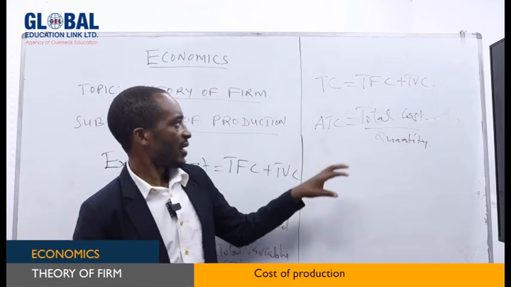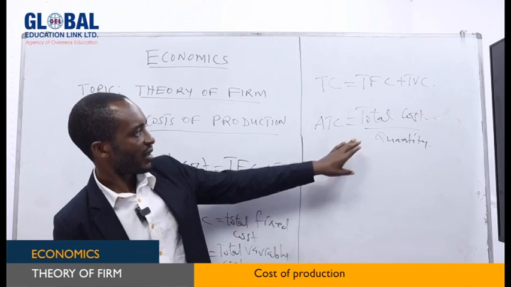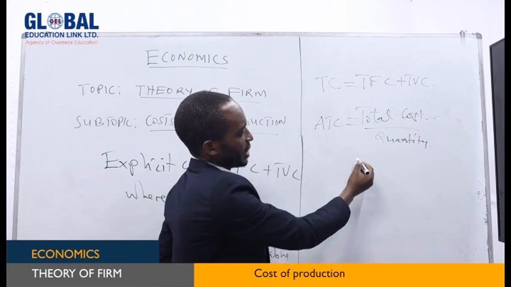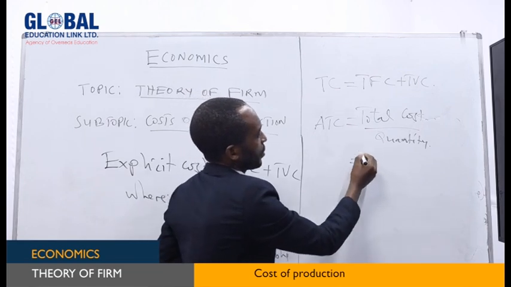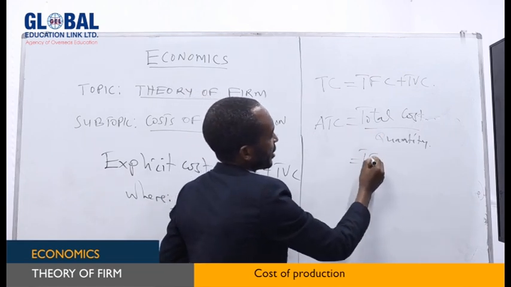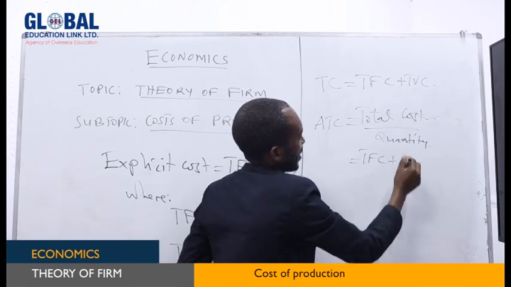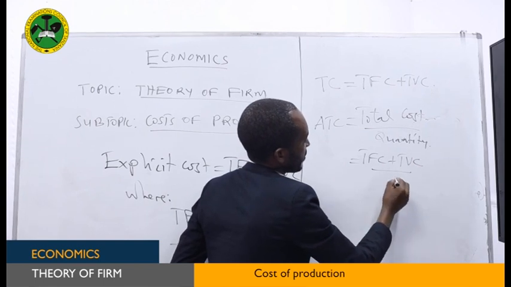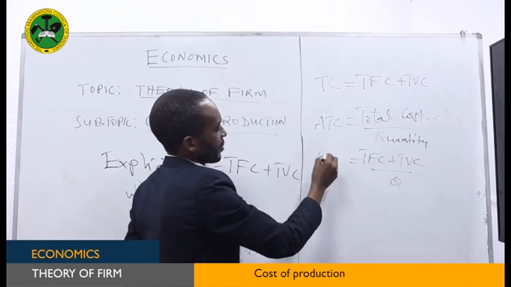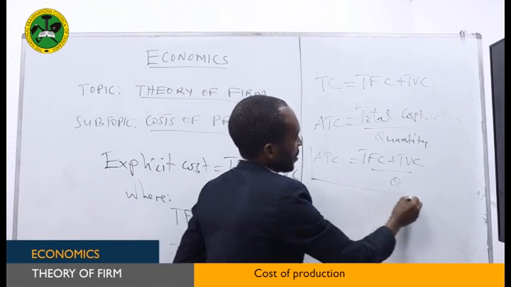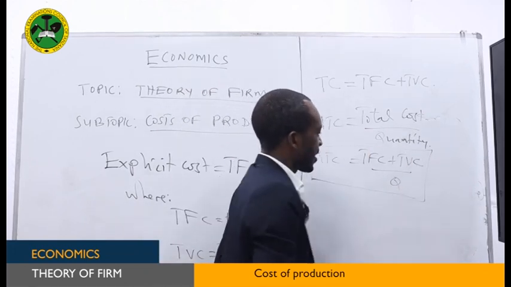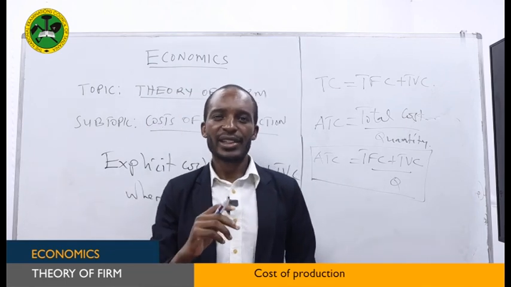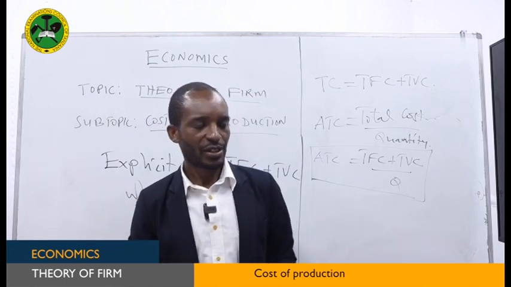The average total cost is equal to total cost divided by Q, and total cost is the same as total fixed cost plus total variable cost. That means the average total cost is the cost per unit output.